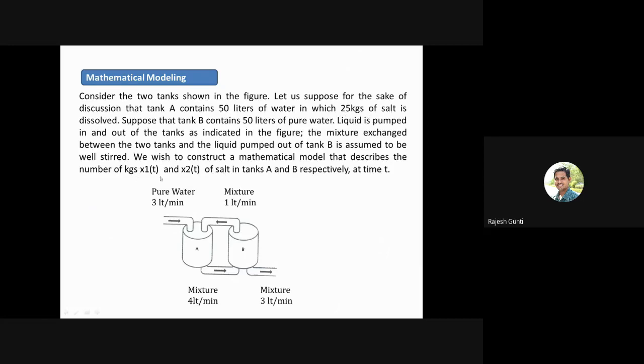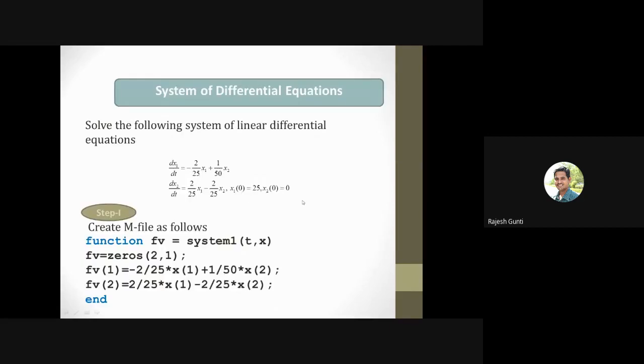We wish to construct a mathematical model that describes the number of kgs x1(t), x2(t) of salt in tank A and tank B. Initially, 25 kgs of salt is there, so x1(0) is 25. Initially, tank B contains 50 liters of pure water, so x2(0) is 0. These are the initial conditions.